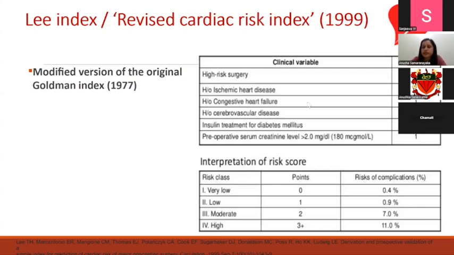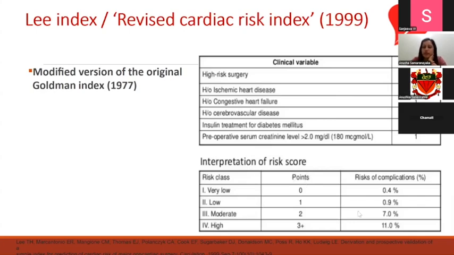So we give 1 point if the patient is going to undergo a high risk surgery. And then if there is ischemic heart disease, congestive heart failure, history of cerebrovascular disease, stroke or TIA, and insulin treated diabetes mellitus, and if the serum creatinine level is high, more than 2, we give 1 point for each.